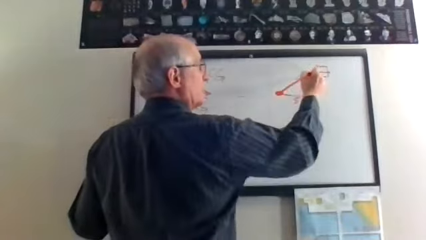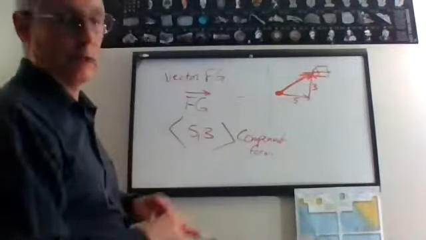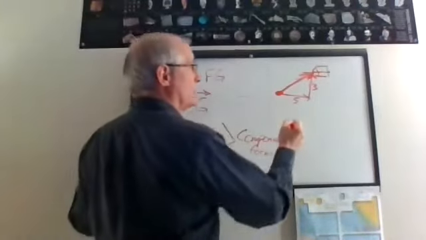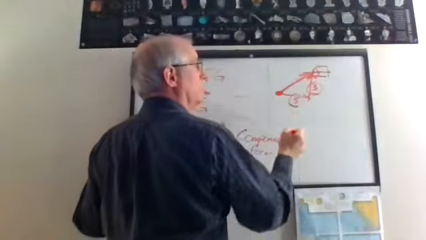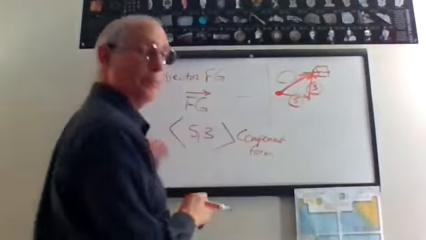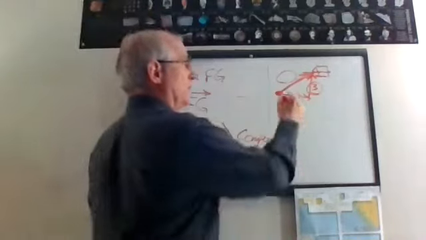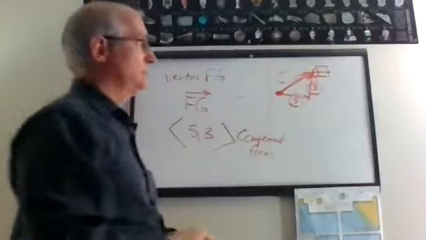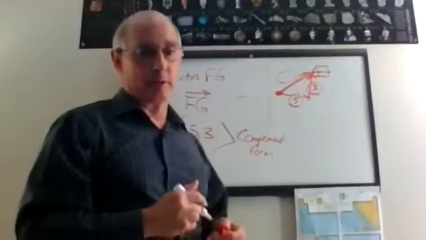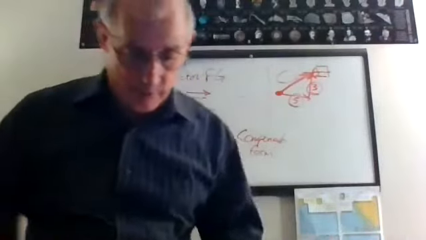Or could you just go diagonally like this and get there a shorter distance? Either way, you get there. So are you telling me for a vector that 5 plus 3 equals whatever that is? Yeah, when you consider direction. 5 to the east, 3 to the north, gets you this far northeast. I know 5 plus 3 is 8, but the length of that is not 8. It uses the Pythagorean theorem.